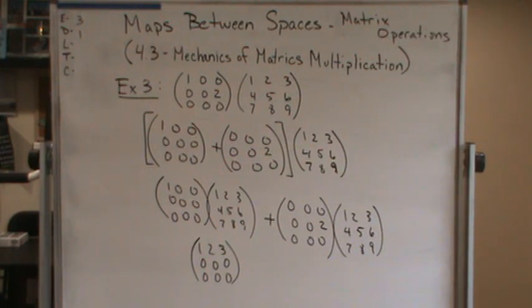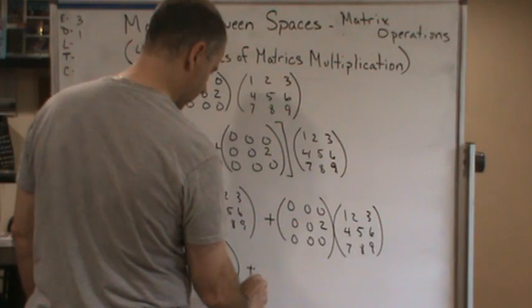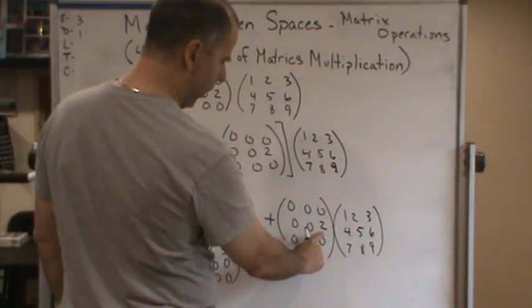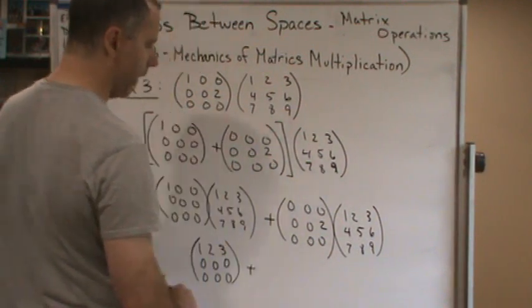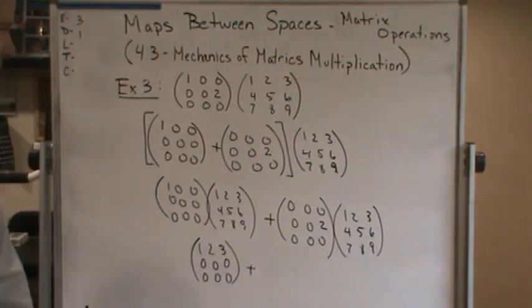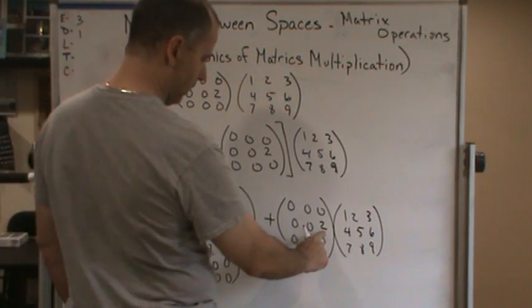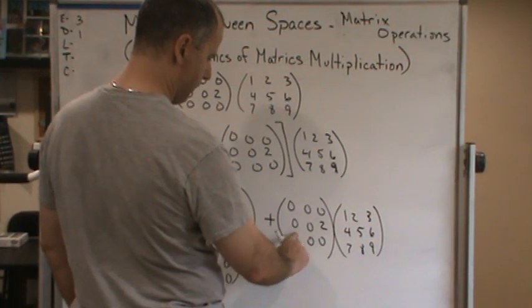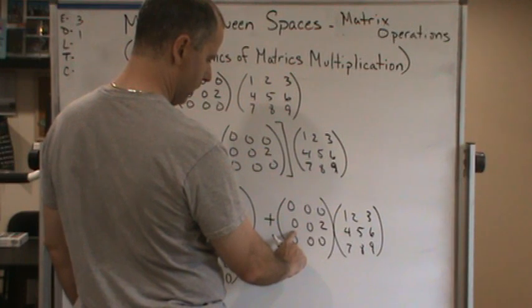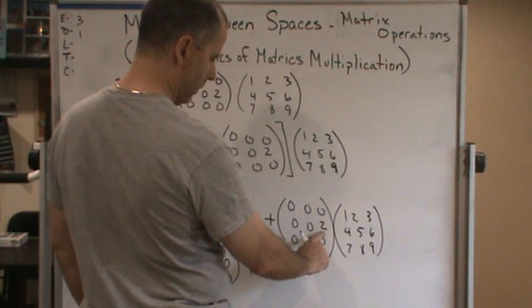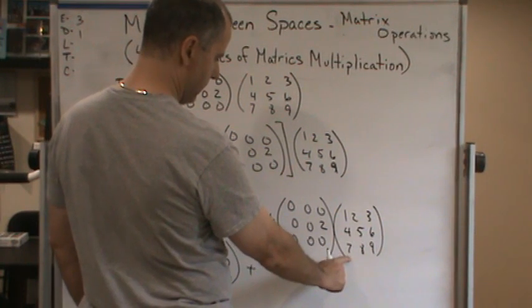Now, what about this one? Well, this is not 1, it's double 1, but let's think about it. If that was a 1, what would it repeat? Well, think about it. That's in this row. So what happens if I multiply this column by this row? I'm going to get 0, 0, what? 2 times 7.